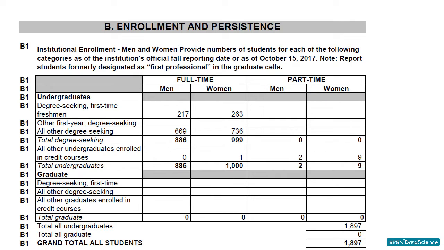Now let us look at the rows. We see that they are split into 2 major groups as well: undergraduates and graduates. Since Hamilton is a liberal arts college, it is an institution which only offers bachelor's degrees. There are no graduate students. This explains why no numeric values feature in the lower half of the table.